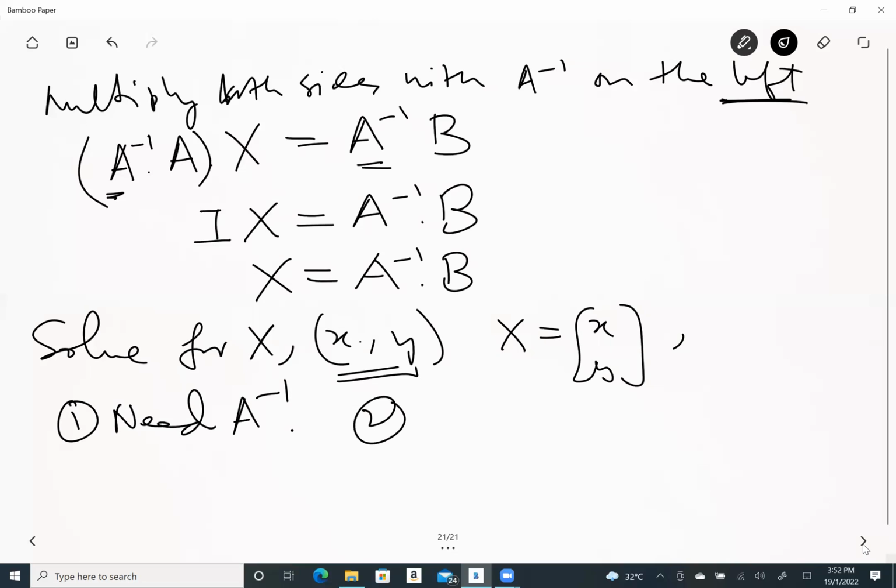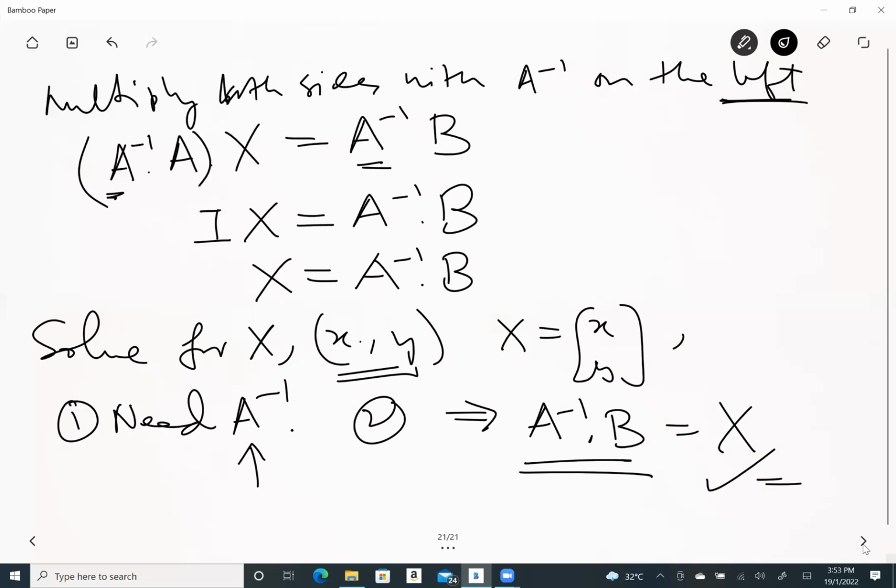And number 2, you multiply the A inverse on the left with the B. And then what do I get? I get X, okay? So we are going to use the inverse of A to find the solution to the system, with the variables.